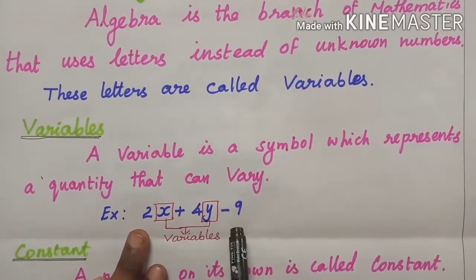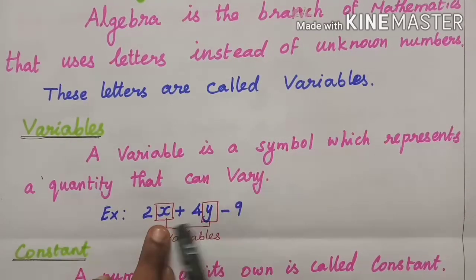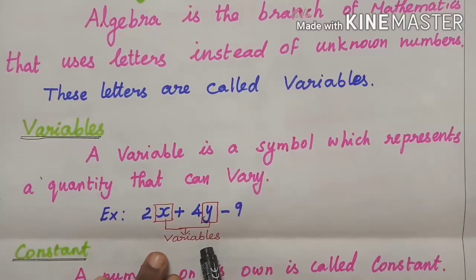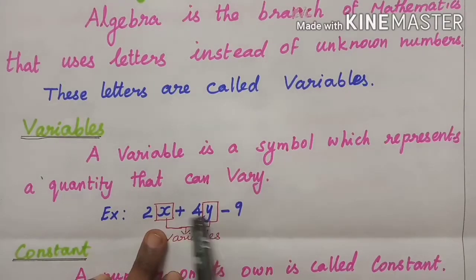This is an algebraic expression, right? In this expression, x and y, these two letters are called variables. Here the values of these two letters can vary. Any values can come for x and y. Am I clear?